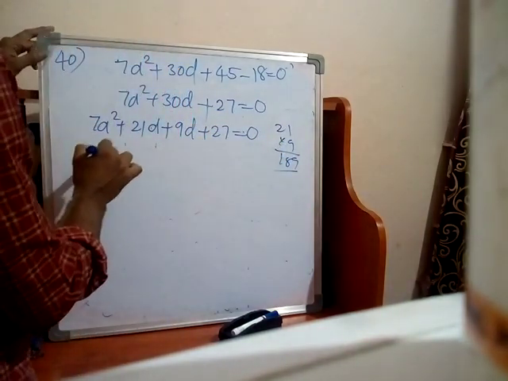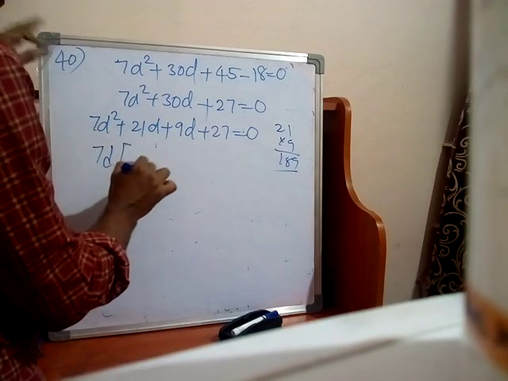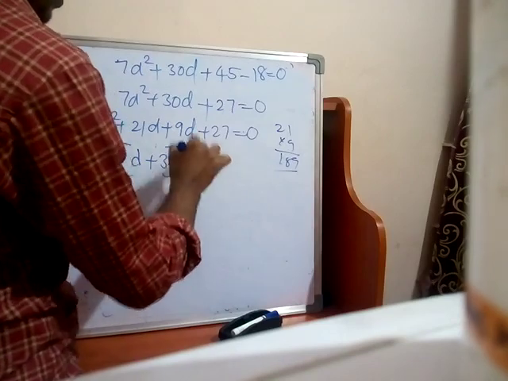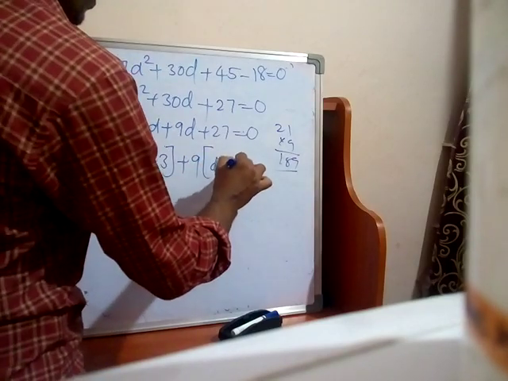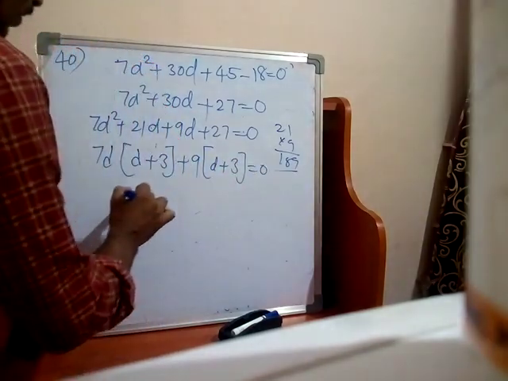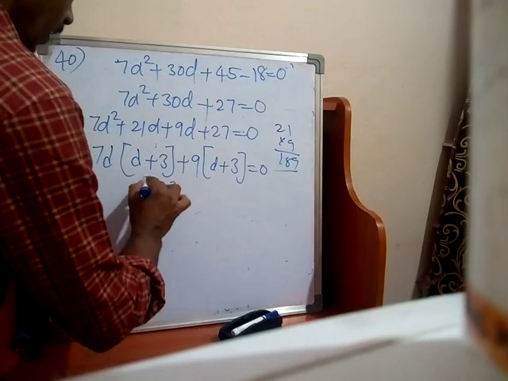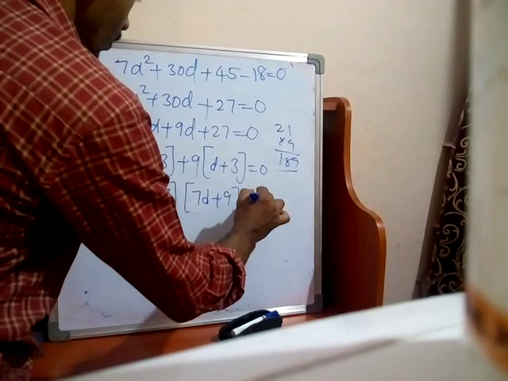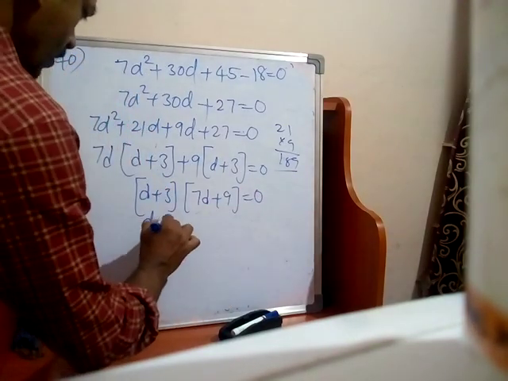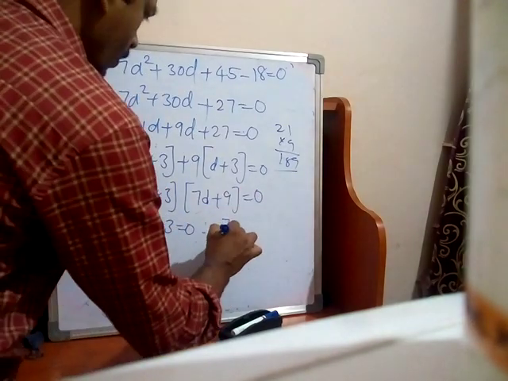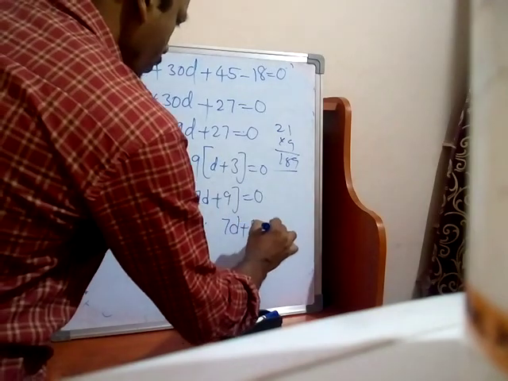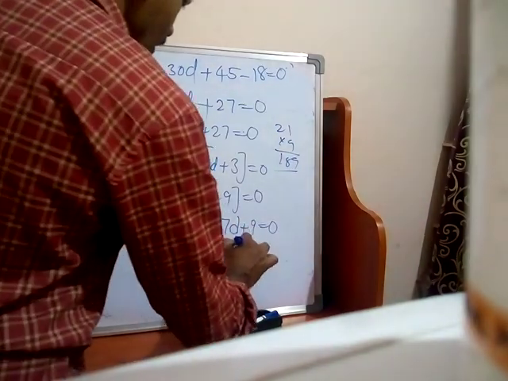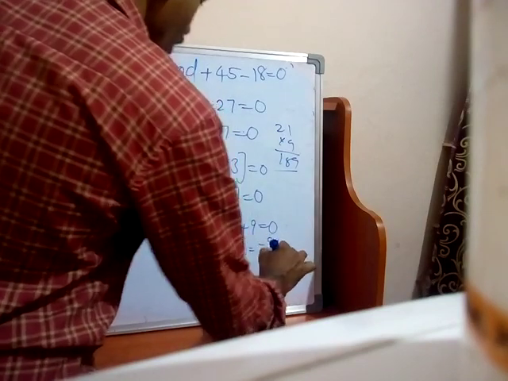So by taking common 7d, d plus 3. Here by taking common 9, d plus 3, that is equal to 0. So d plus 3 into 7d plus 9 is equal to 0. So either d plus 3 is equal to 0 or 7d plus 9 equal to 0. So here d value is how much? Minus 3. Here d value is minus 9 by 7.